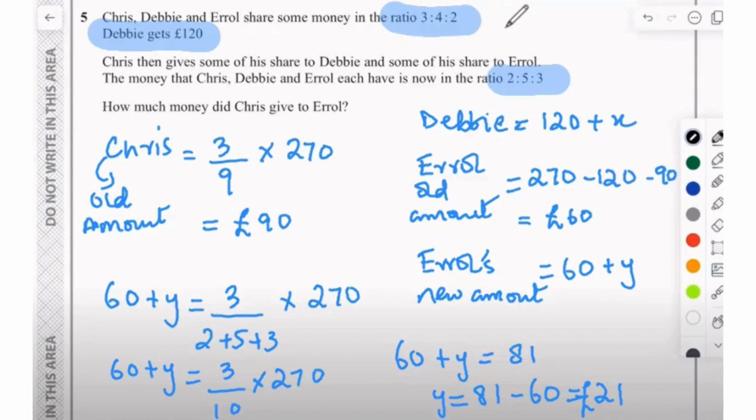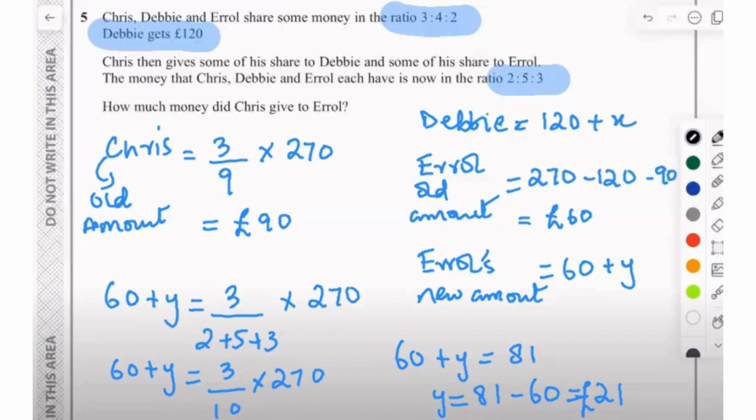Then we come to the next ratio, once Chris has given some quantity to Debbie and some to Errol. So x amount of money was given to Debbie, that's what I assumed, and y amount of money was given to Errol. That makes the new amounts for Debbie and Errol different, and even for Chris, because Chris now has 90 minus x minus y, Debbie has 120 plus x, and Errol has 60 plus y.